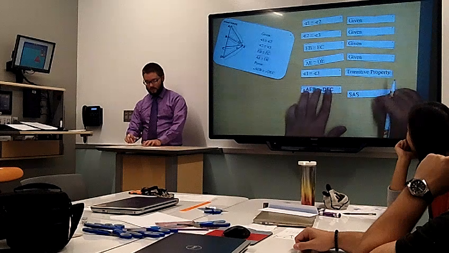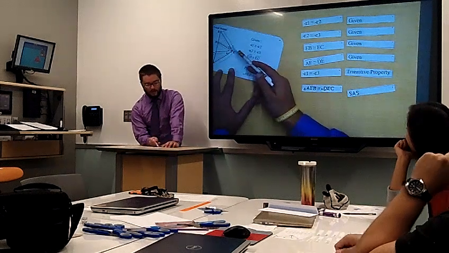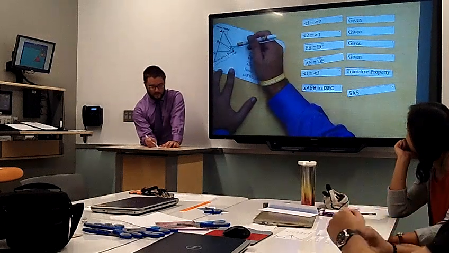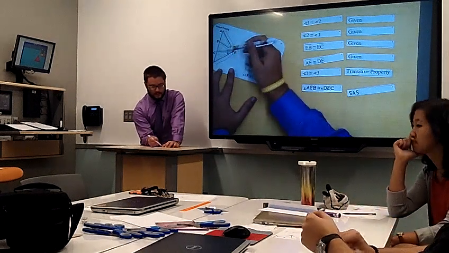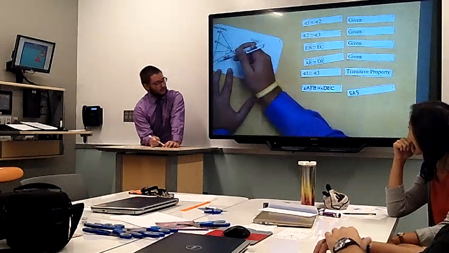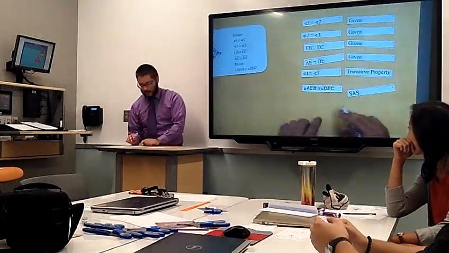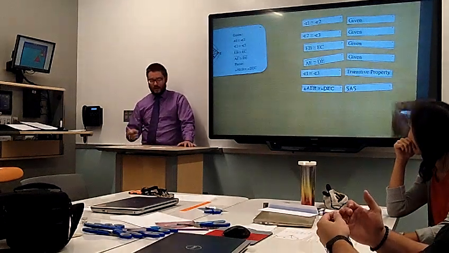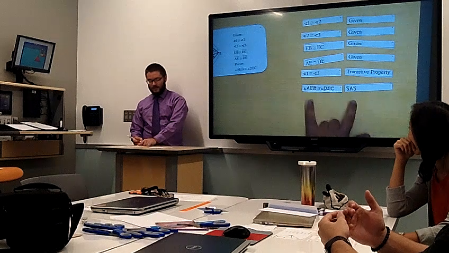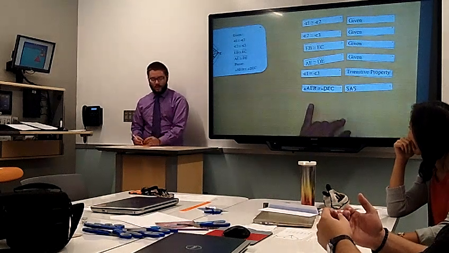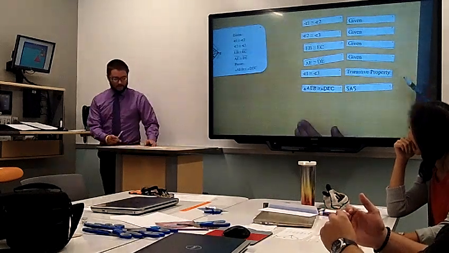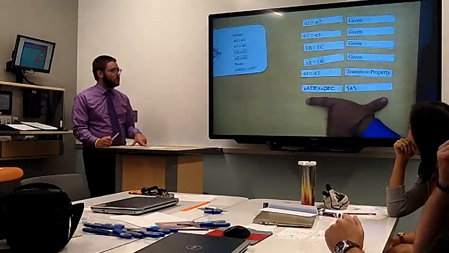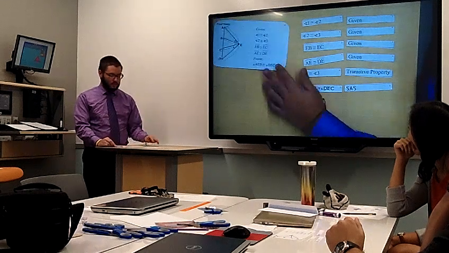So now we can see that by using these statements, the side here and the angle here and the side is equal to this side and this angle and this side. So talking about side angle side, which was one of the possible options when we were looking at the illuminations app, these are going to be equal. So that's just a very simple way to show how we can show for sure that these are congruent.